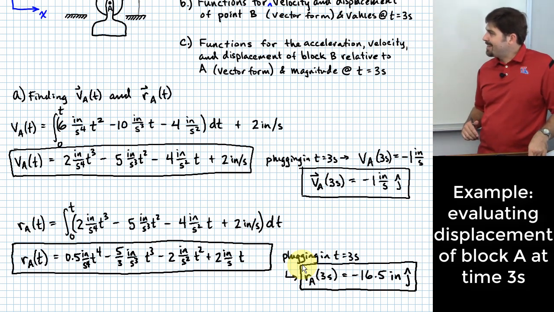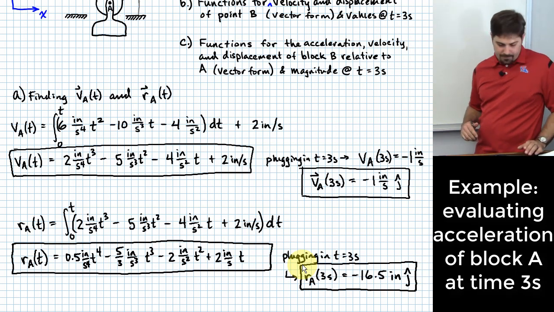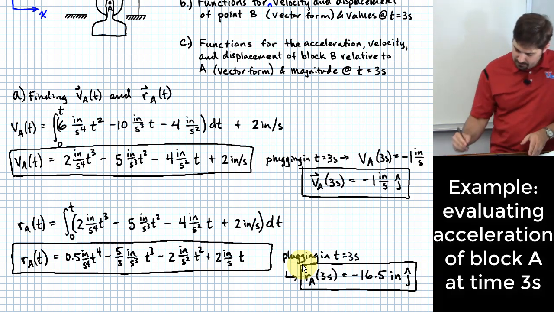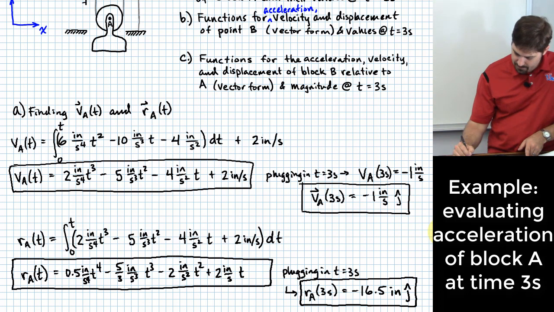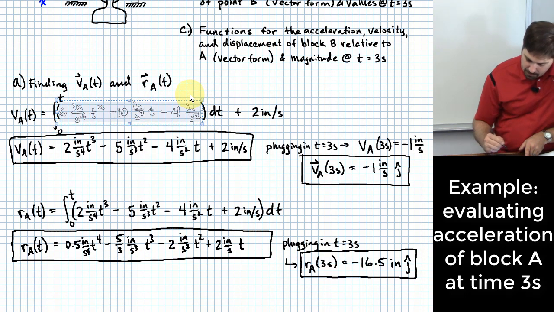How would I find my acceleration for part A at 3 seconds? What would you say? That's super easy, right? Super easy because I can take that original function and just plug it in.